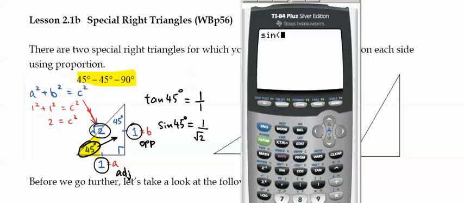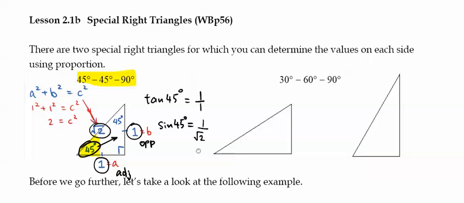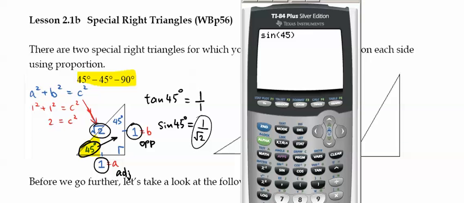If you enter sine 45 degrees, you will end up getting the same value as what we got here. But of course, my graphing calculator cannot give me exact values. It will only run everything to decimal value. If you try it out with 1 over root 2, it will indeed give us the same answer.